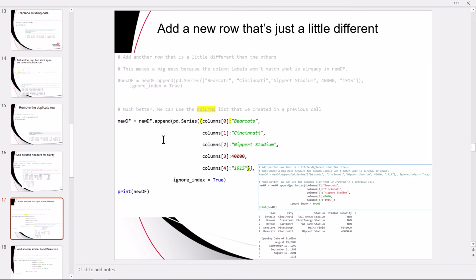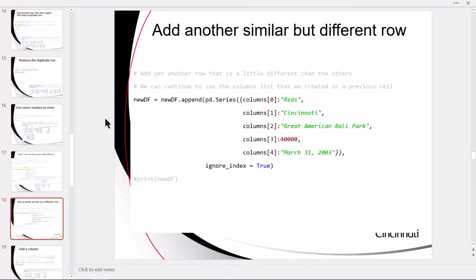In the next slide, slide 18, we're going to abandon our trend of football stadiums. We are going to add a baseball stadium. Data is the same. Team name, city, stadium name, capacity, opening date. But intrinsically, it's a slightly different kind of stadium.